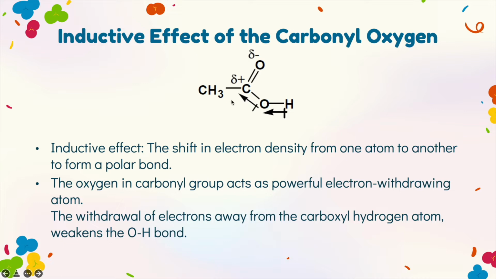So in carboxylic acid, here C double bond O, between this carbon and oxygen, oxygen is more electronegative than carbon. So oxygen attracts the electrons closer to itself, making this oxygen delta minus. And this carbon has the electrons further away, so it makes this carbon delta plus.